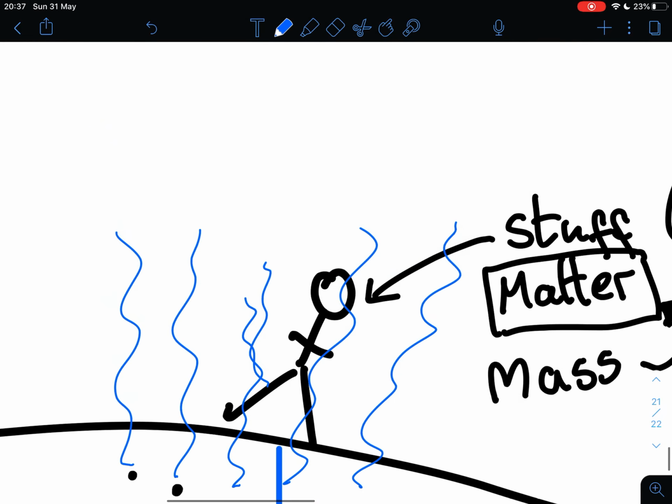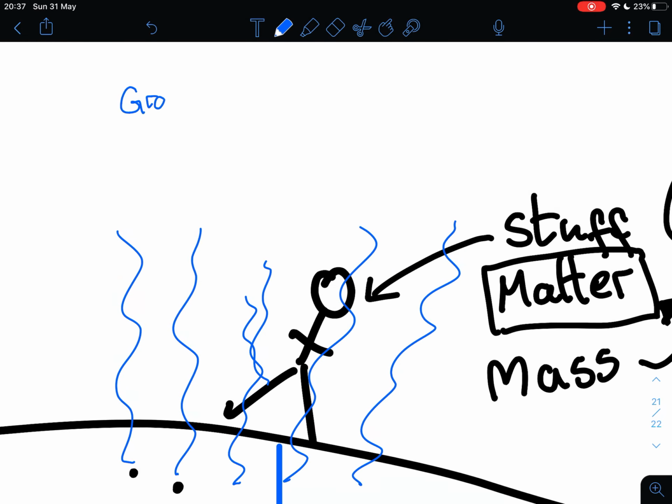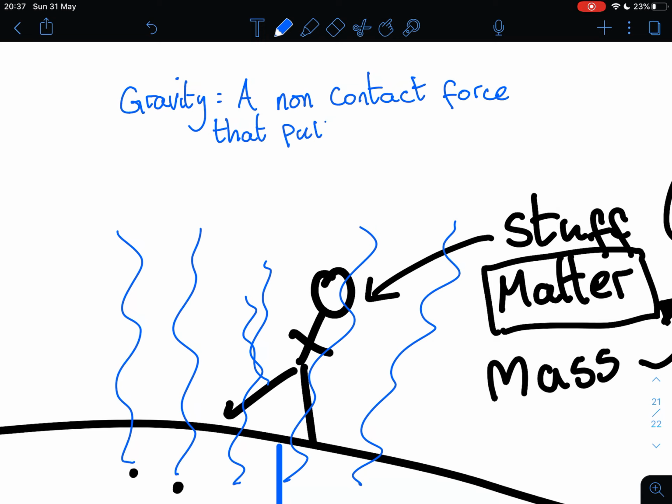So, gravity. It is a non-contact force that pulls on mass.